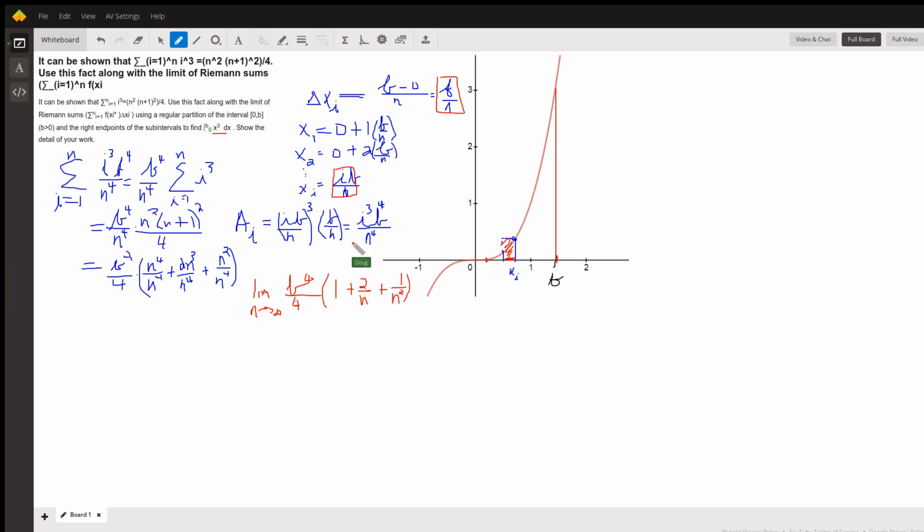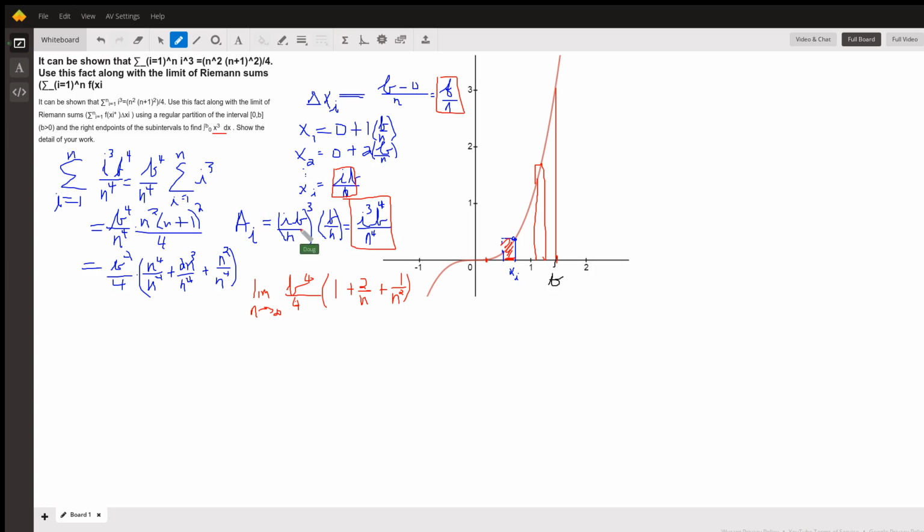So there's a formula for the area of the ith rectangle. And we're going to have n of them. Here's another one right here. Obviously, as we move to the right, each area will get a little bit bigger because the function value will be a little bit bigger.